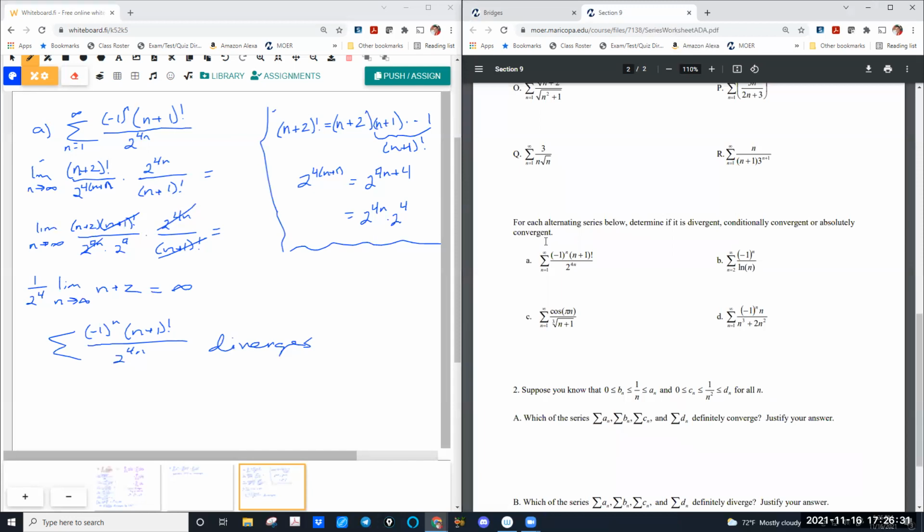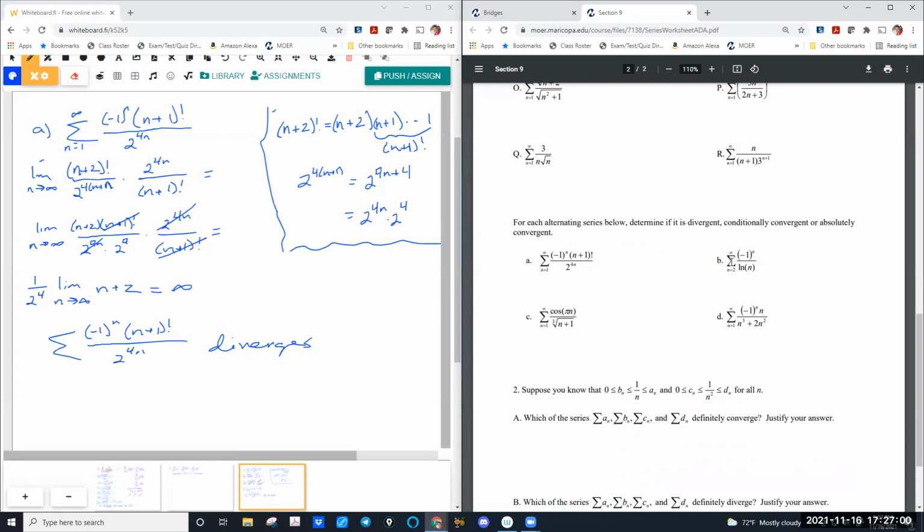The ratio test, if it's convergent with the ratio test, it is automatically absolutely convergent. So because the ratio test gave us divergent, that's it. This thing is divergent. It cannot be conditionally convergent. Okay. B and C are good examples of ones that would be conditionally convergent. D would be absolutely convergent.